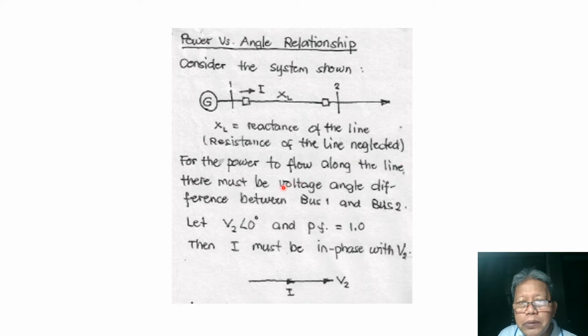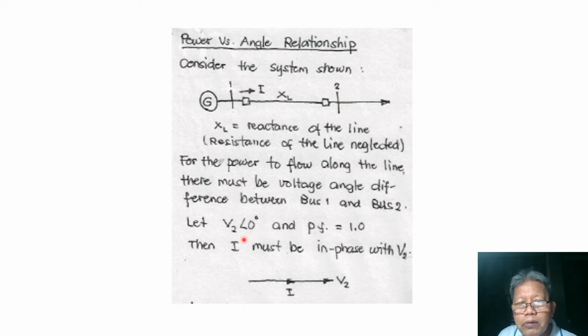Now for the power to flow along the line, there must be a voltage angle difference between bus 1 and bus 2. So at bus 1 we have a certain voltage magnitude and angle, as well as in bus 2. So there must be an angle difference between the bus voltage at bus 1 and bus voltage at bus 2.